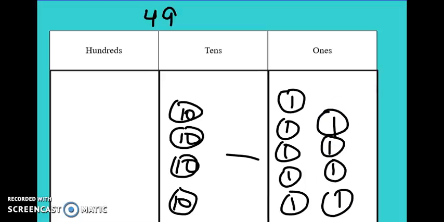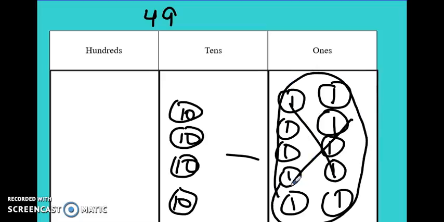If I want to know what 1 more than 49 is, I add another 1. 1 more than 49 is 50. Now I have 10 ones, so I need to move my 10 ones and make a 10 for 50. So we had to cross over and make a 10 with our ones when we added 1 to 49.